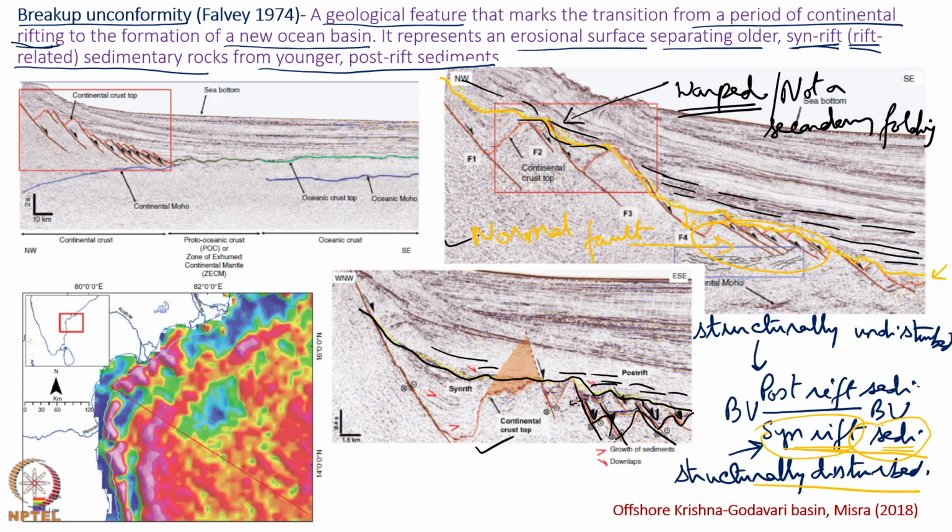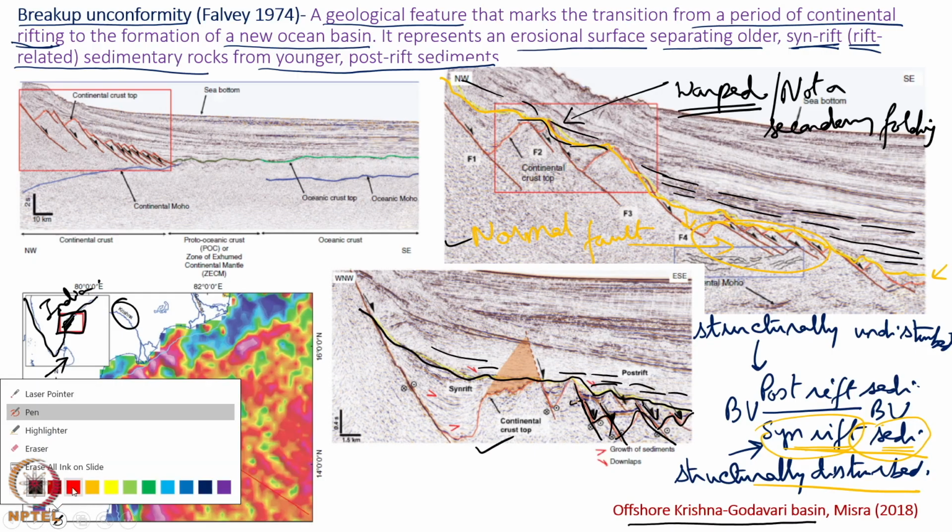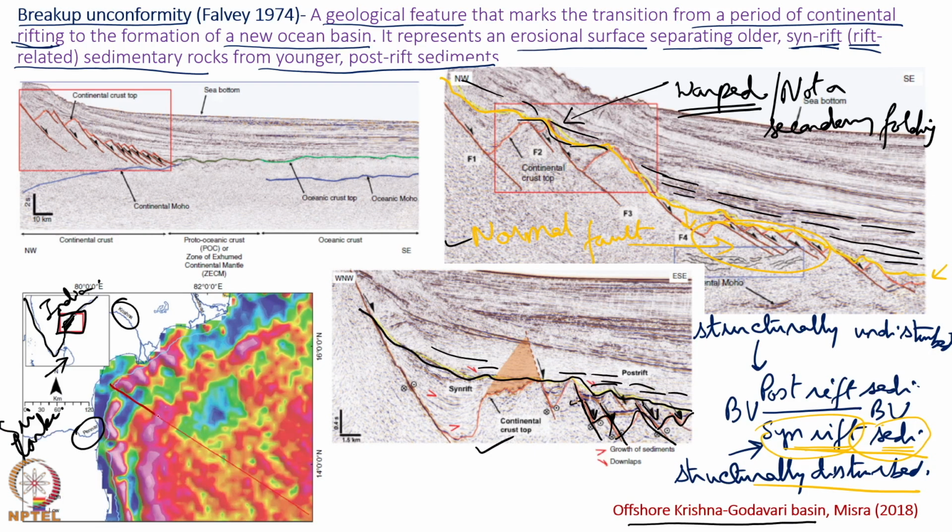These two examples are coming from the offshore Krishna Godavari basin. This is the southern Indian portion, and this is Sri Lanka, and within this box, this place we are talking about, that is the Krishna river, that is Pennar river, and within this, the red line is a seismic section.